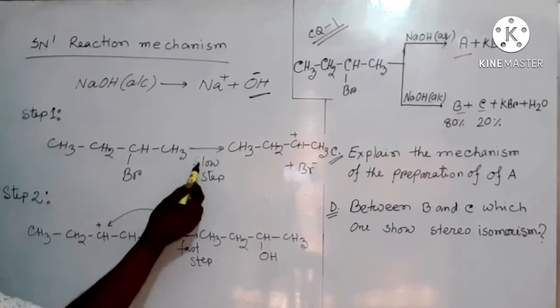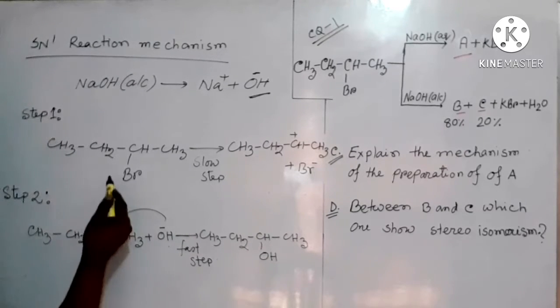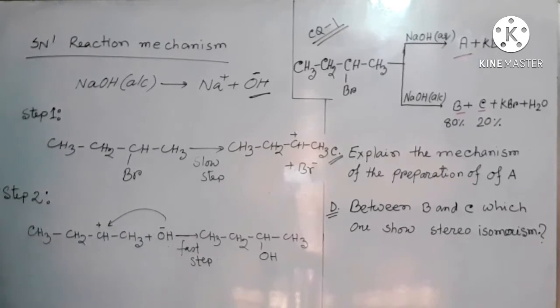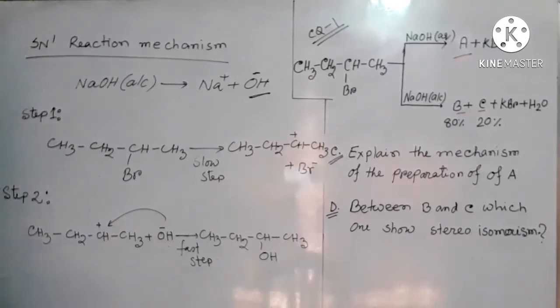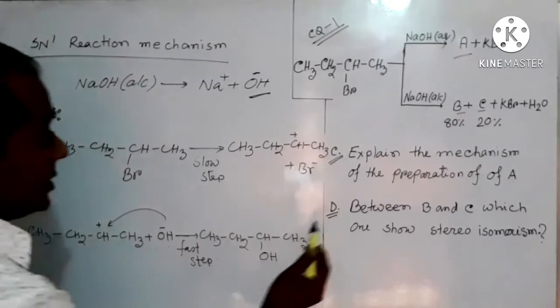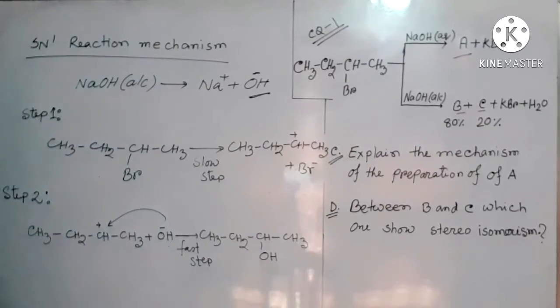Here in the slow step, only the reactant is used in the reaction, and that's why this is a unimolecular reaction. This is the mechanism of preparation of A.